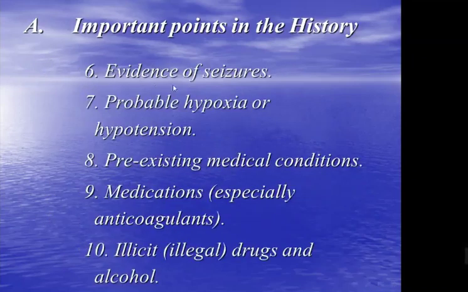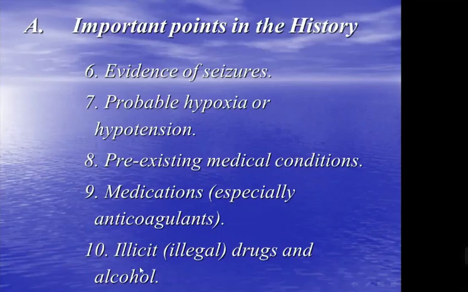Also ask about any evidence of seizures. Did the patient get a seizure or not? Probable hypoxia or hypotension, for example, if the patient was incarcerated inside a closed building. Pre-existing medical conditions like hypertension, diabetes, or medications, especially anticoagulants. You know, many patients are taking these as protection, for example, after CVA, like aspirin.